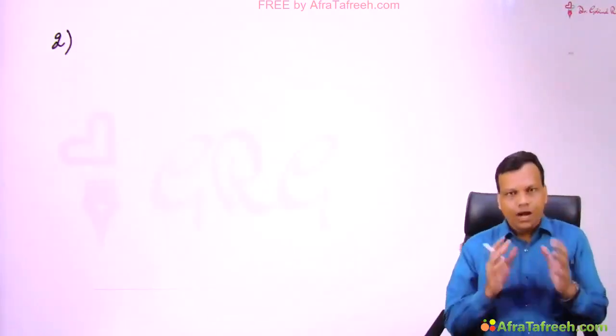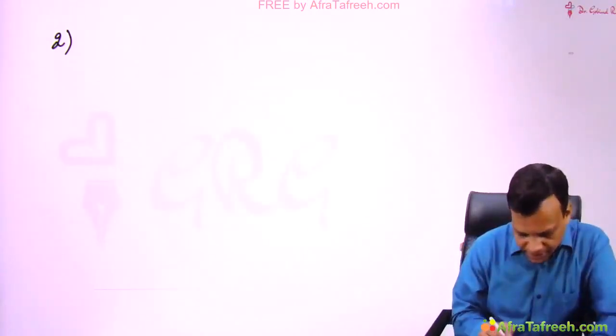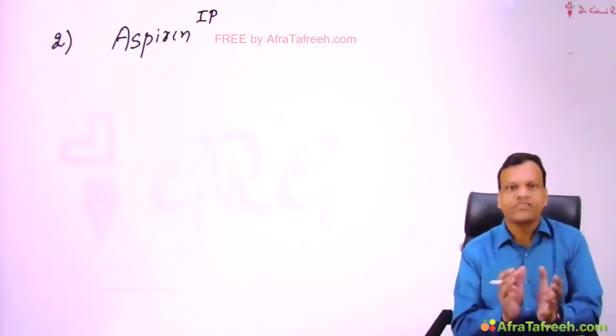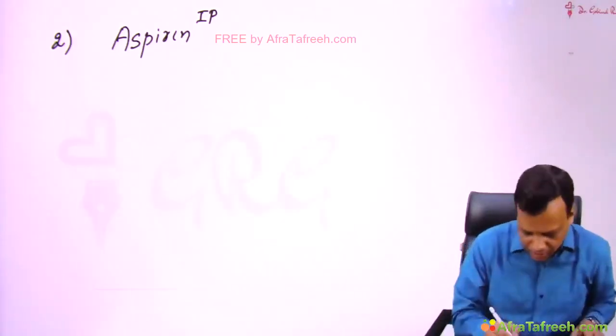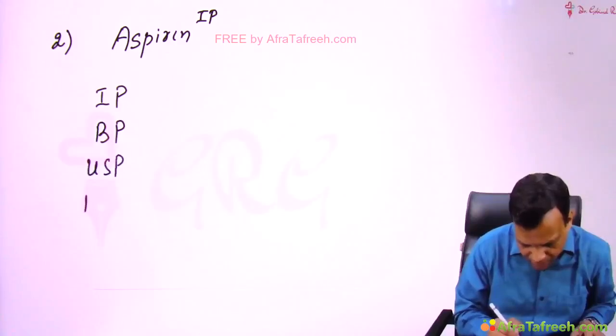Then second, apart from the name, some abbreviations are written. Sometimes it is written aspirin IP. So what is the meaning of this abbreviation? The important abbreviations which are present may be IP, BP, USP or BNF.